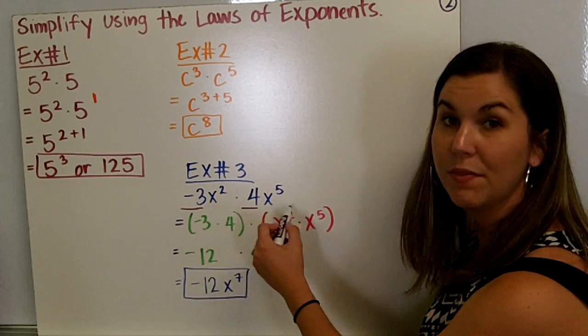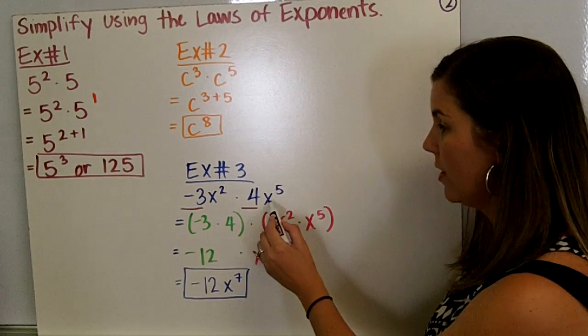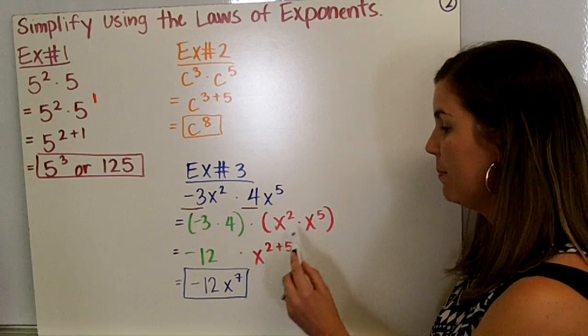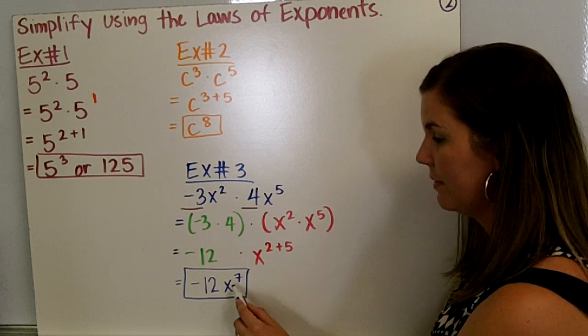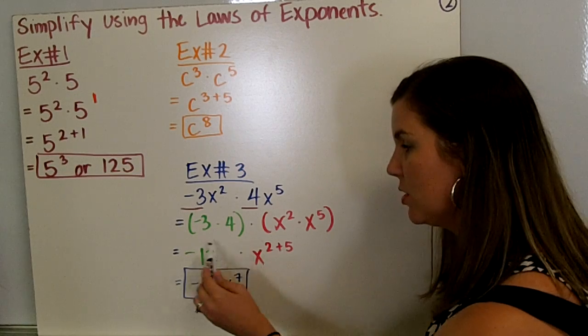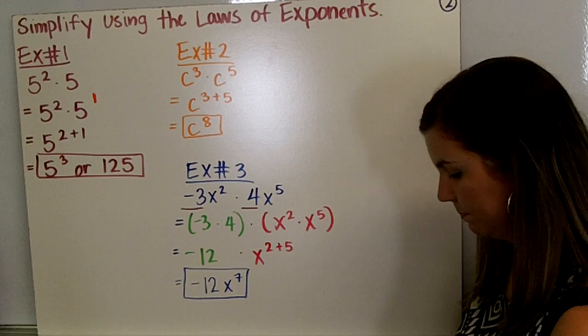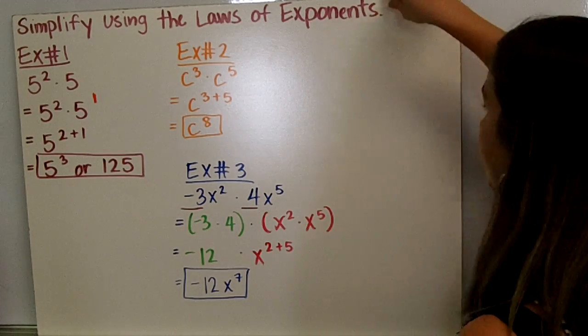The x's have the same base, so group those together. X squared times x to the 5th. When multiplying like bases, keep the base, which is x, and add the exponents. 2 plus 5 gives you 7. This is multiplied together, so we can write it all together as one term. Negative 12 x to the 7th power.